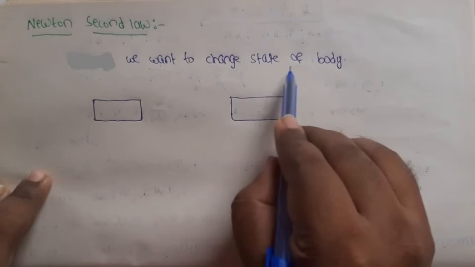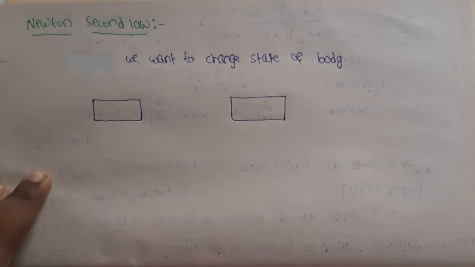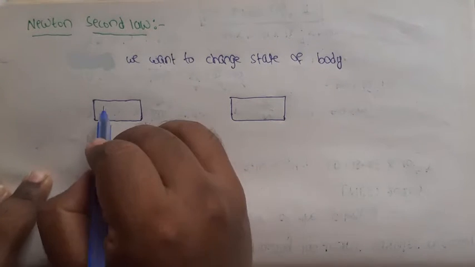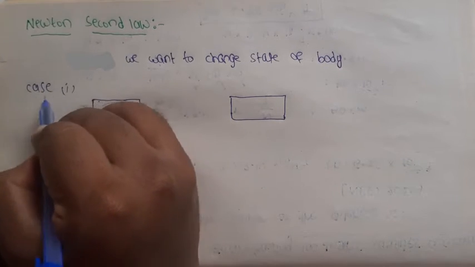If you want to change the state of these bodies, bringing them into motion, we need to apply some force on the objects. How much force do we require to change the state of a body? That is our question.